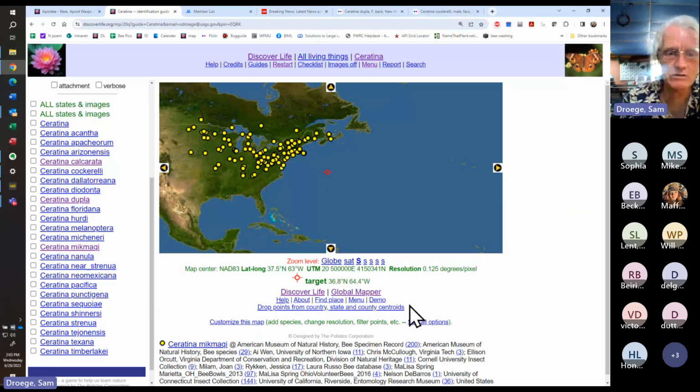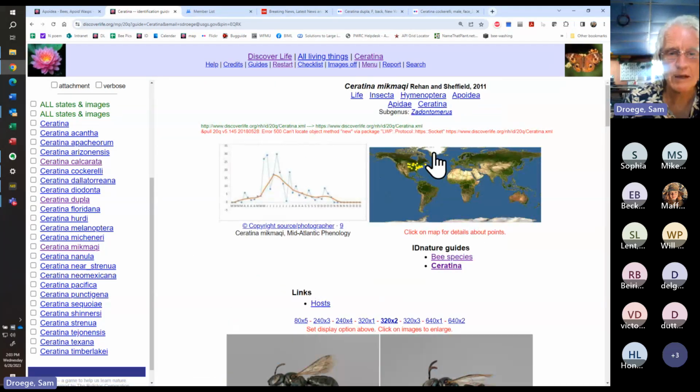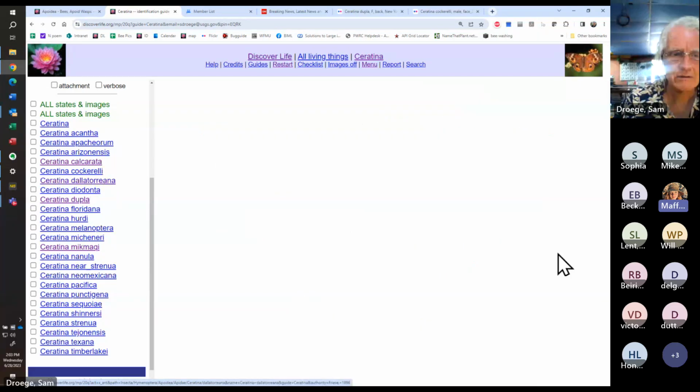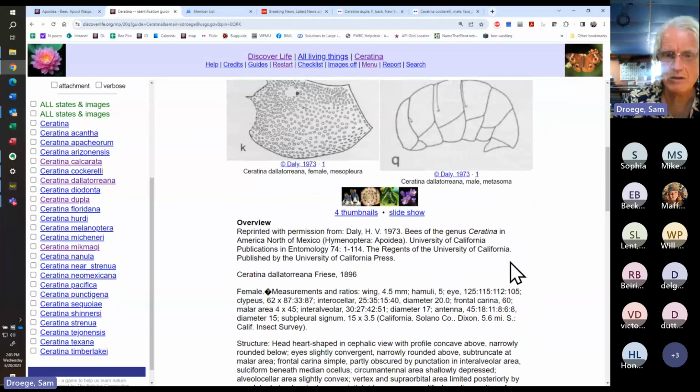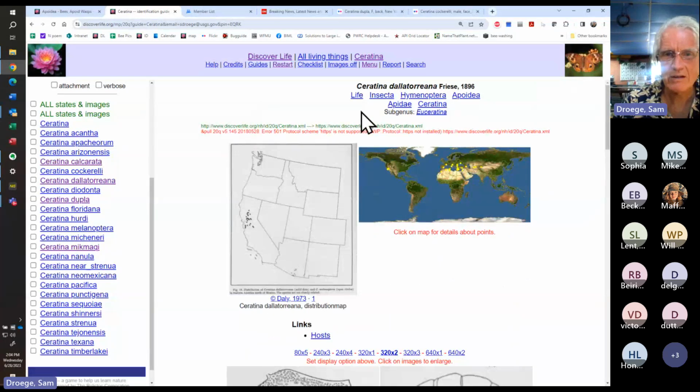If we go to Ceratina mikmaqi, for example, it brings up, oh, really? It doesn't show the males and females. Did we get rid of them? Let's go to a Western species. I've never used them. You've never shown them to me. I don't know where they are. Oh, I thought they existed, but maybe they don't exist. Okay. Yeah, I don't see.